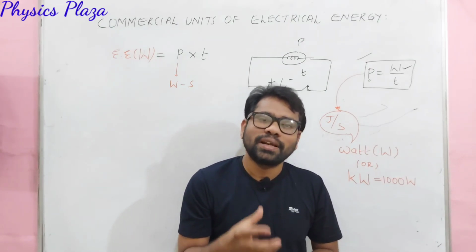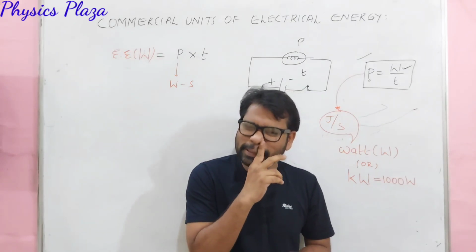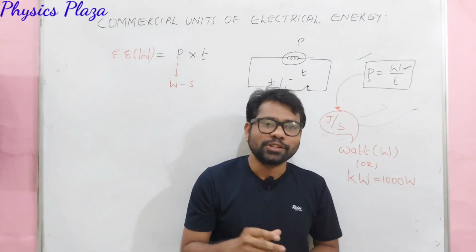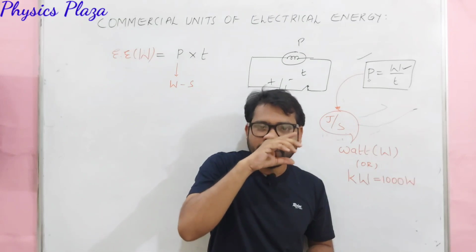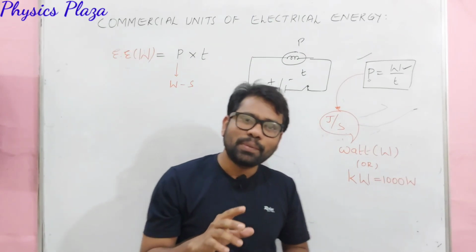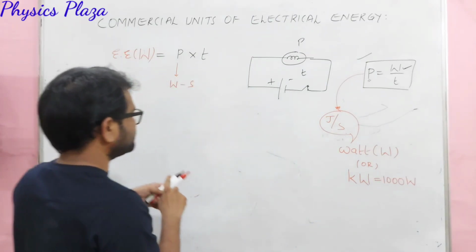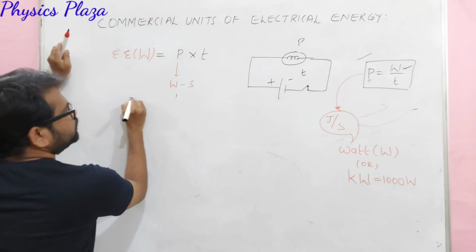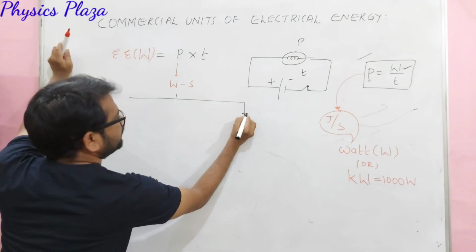Of course we can measure in seconds, but it would be very small, so electric energy is measured in hours. From that concept, we measure electrical energy in two ways.